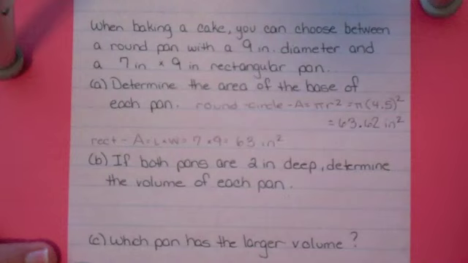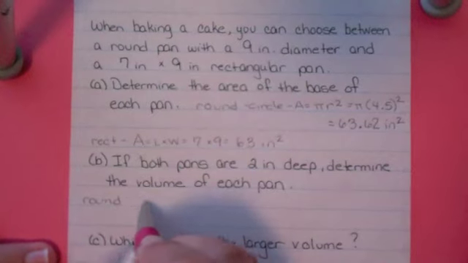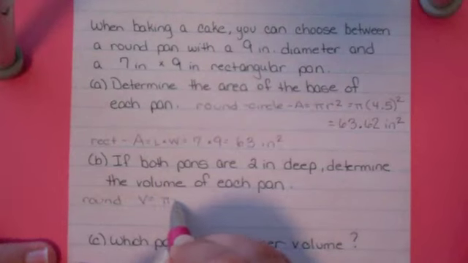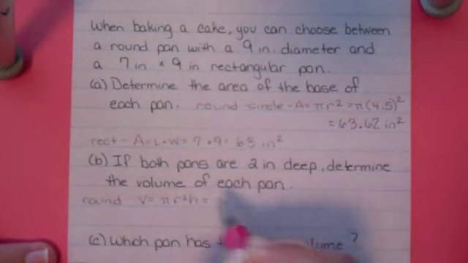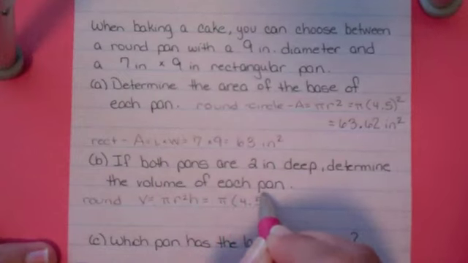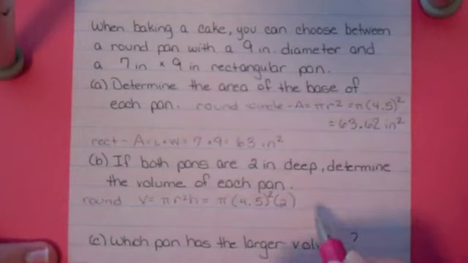The next question says if both pans are 2 inches deep, determine the volume of each pan. Well, think about a round cake pan. It's a short cylinder, right? And we know that for a cylinder, the volume is pi r squared times h, pi times our radius, which we found is 4.5 squared, and they told us that the height is 2 inches.